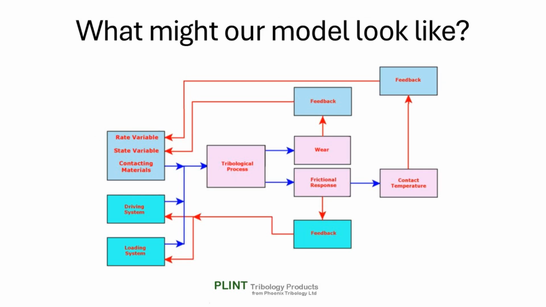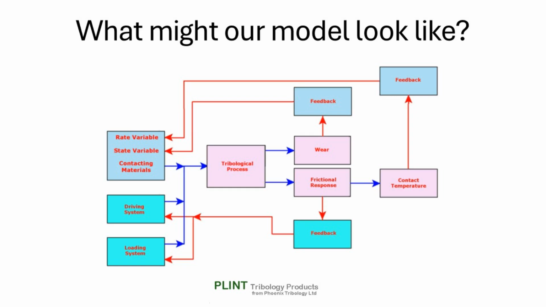It's clear that with both a tribo contact and a tribo test system, we are dealing with systems with internal feedback. This schematic shows a possible feedback mechanism for a friction-aware coupled test system. A rate and state friction model describes friction as dependent on the instantaneous slip rate and a state variable representing the changing morphology of the contact.